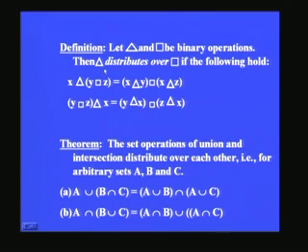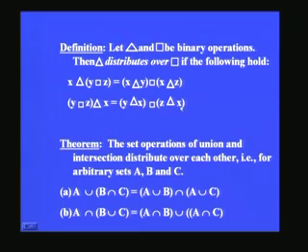Del distributes over square if the following holds: x del (y square z) is equal to (x del y) square (x del z), and similarly (y square z) del x is equal to (y del x) square (z del x).